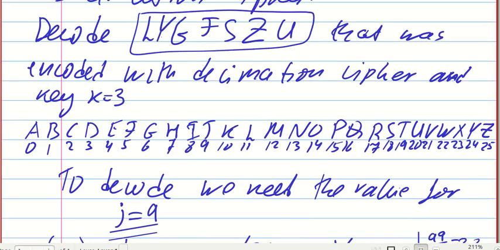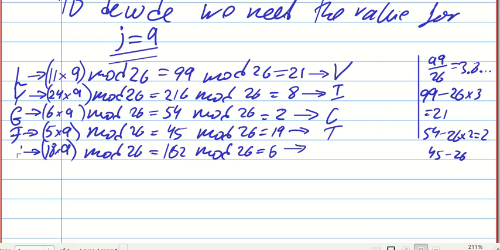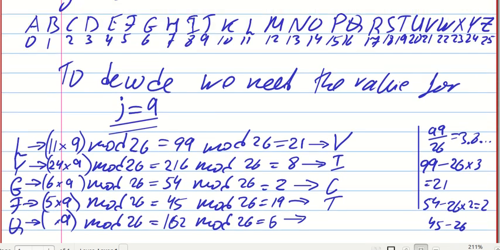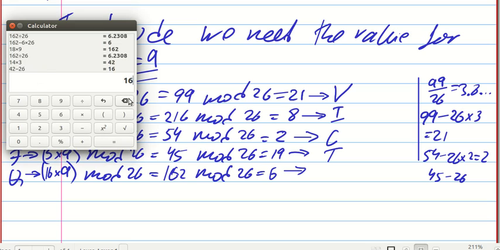Sorry, I got started checking out. Apparently, it shouldn't be S, it should be Q. I made a mistake when I did it out. All right, so let's do not S, but Q. So Q is 16. Let's try to do that. 16 times 9 divided by 26, it's 5.